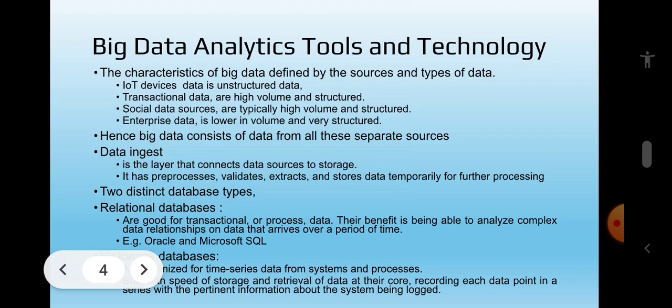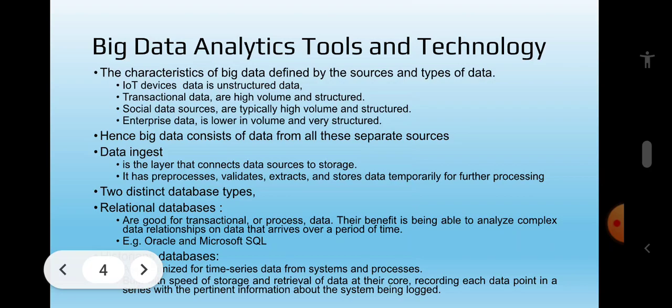Enterprise data is lower in volume and very structured. Hence, big data consists of data from all the different sources. Data ingest is a layer that connects data sources and storage. It pre-processes, validates, extracts, and stores the data temporarily for further processing.